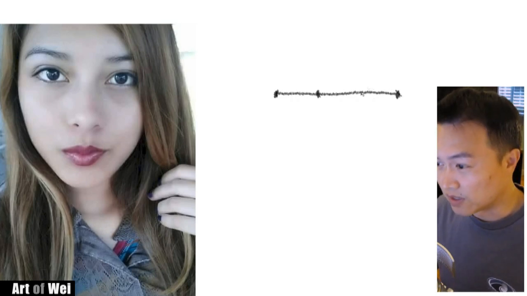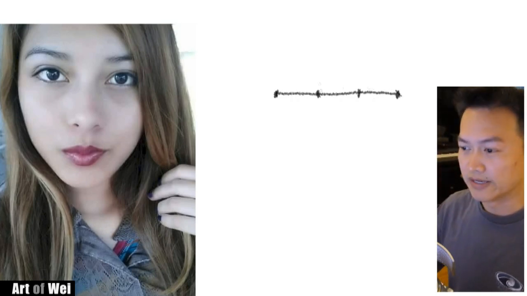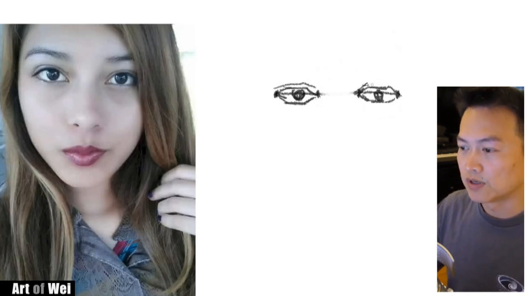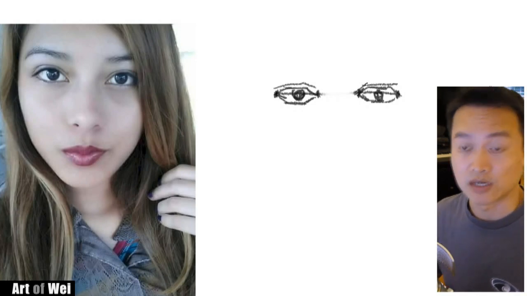Close enough. It's a little bit off right here, but all right, let's say something like that. So just divide it in thirds, and then one eye is going to be here, and the other eye is going to be here. Okay, so this gives you a really quick way of spacing out the eyes correctly.